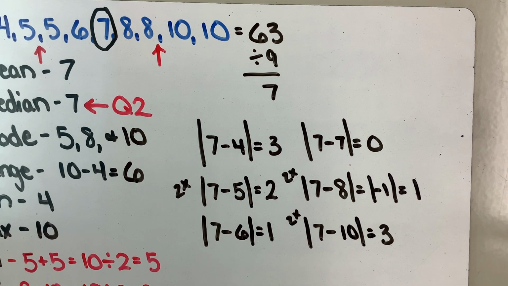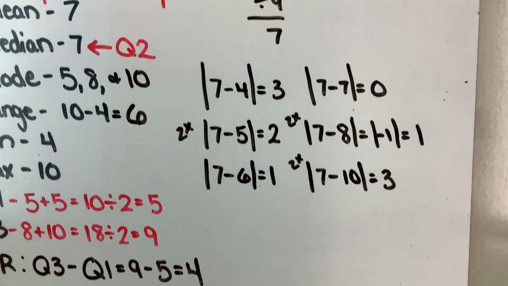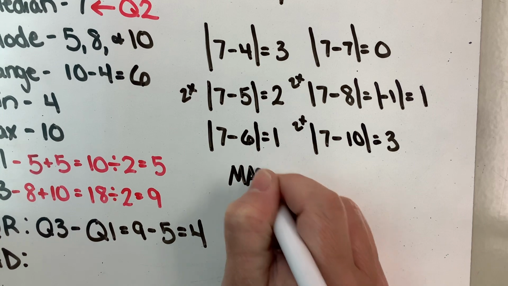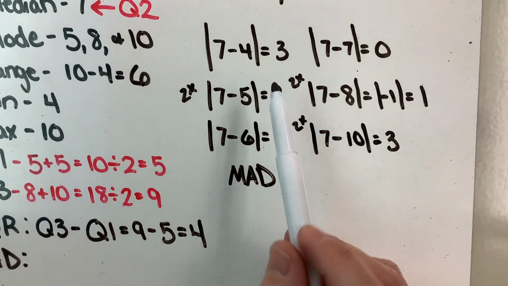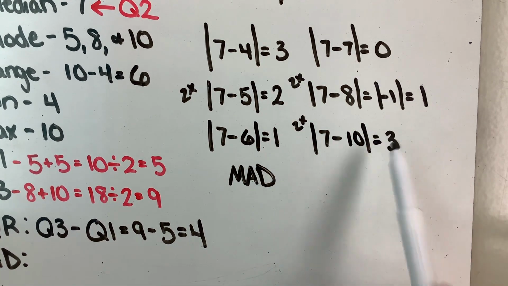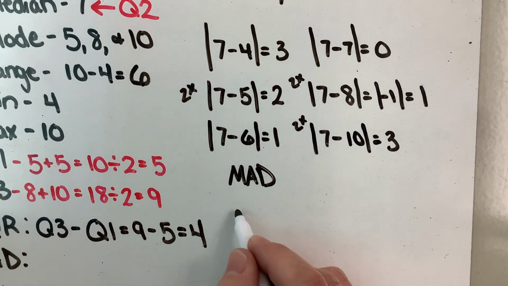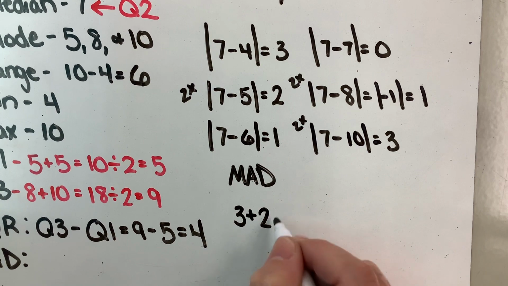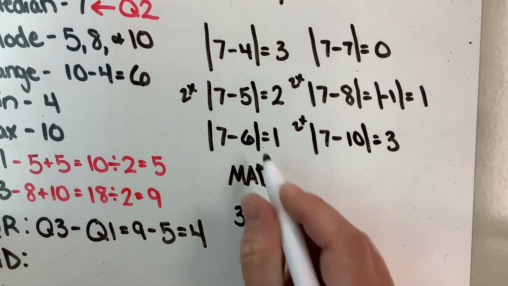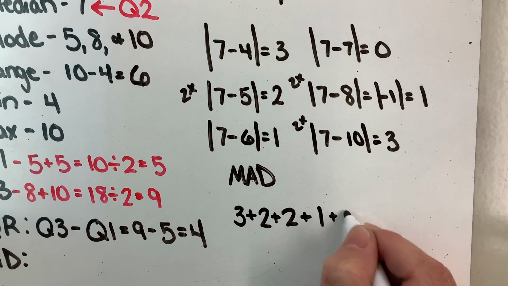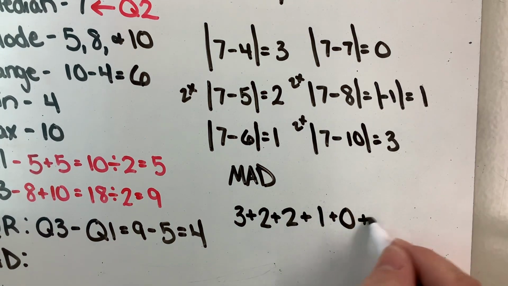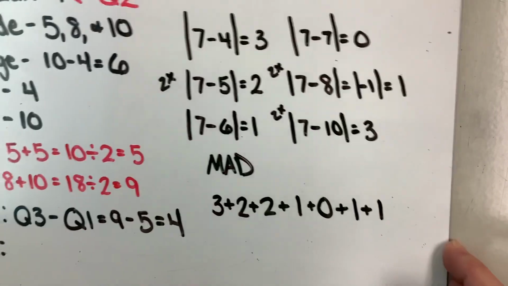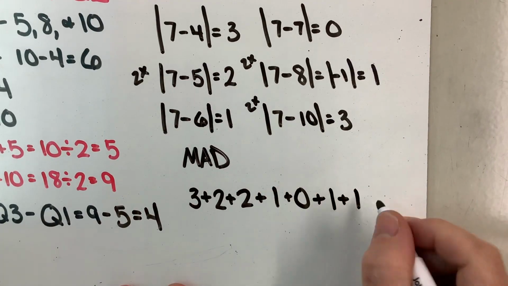Now, to find the mean absolute deviation, we're going to find the MAD. What we're going to do is take all of these numbers and add them up. So we have a 3, we have 2 2s, we have a 1, we have a 0, we have 2 1s, and we have 2 3s.